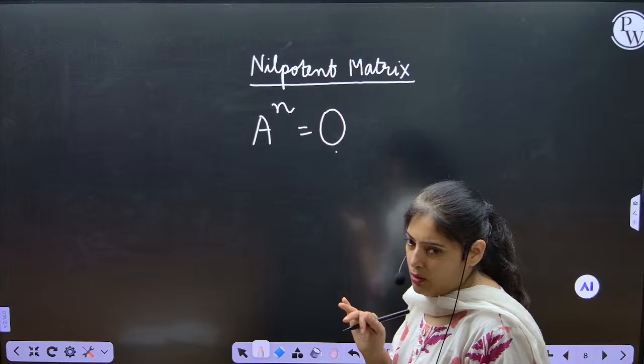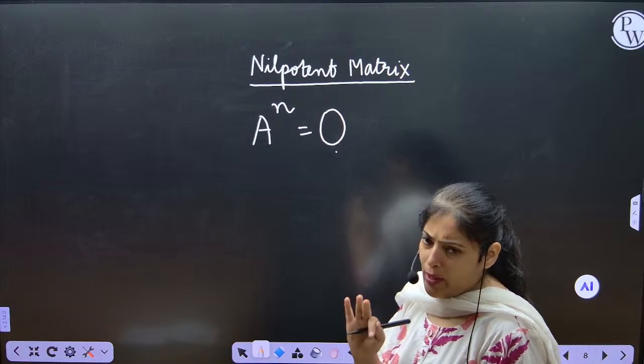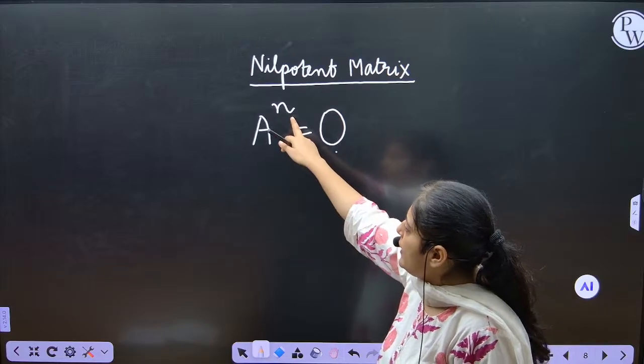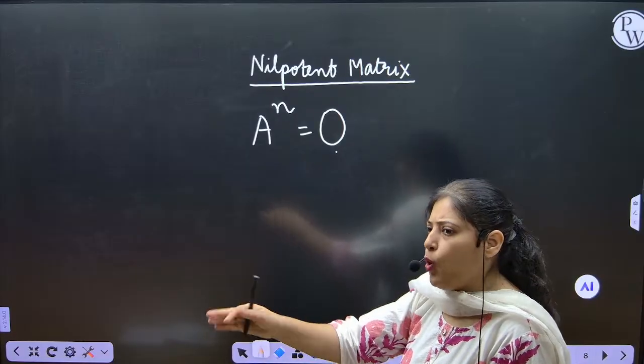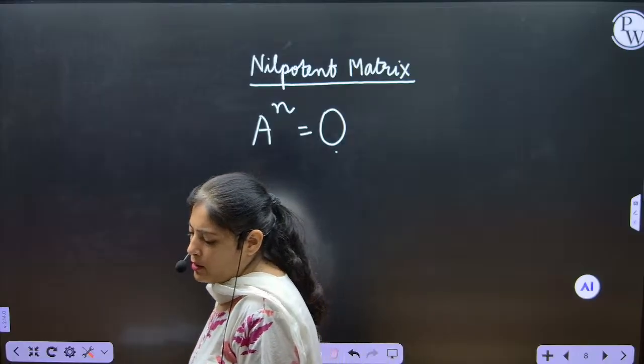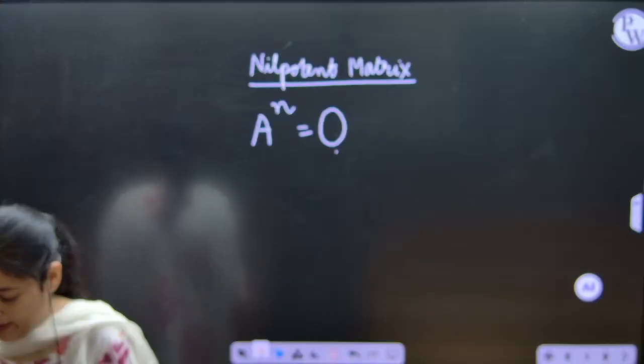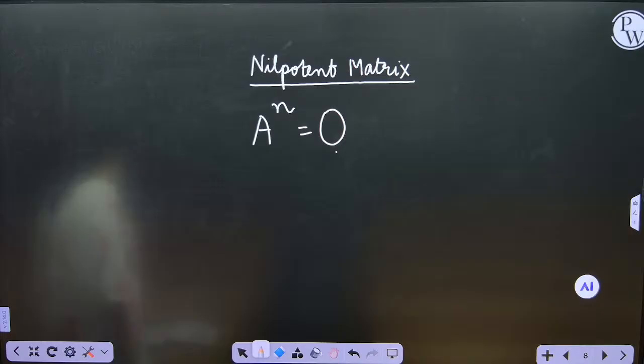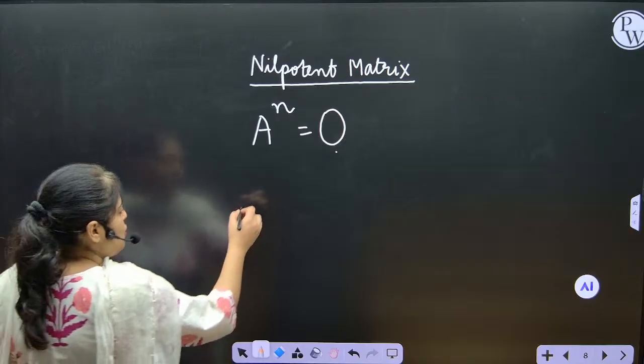A is any square matrix. If I am taking its nth power, nth times multiplication, and it is coming out to be 0, and A raised to power n minus 1 was not 0.